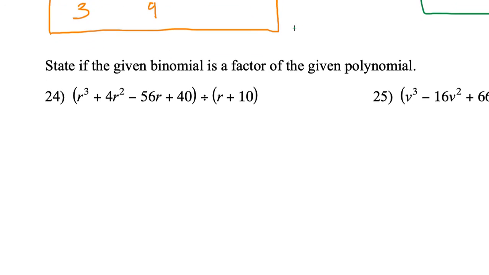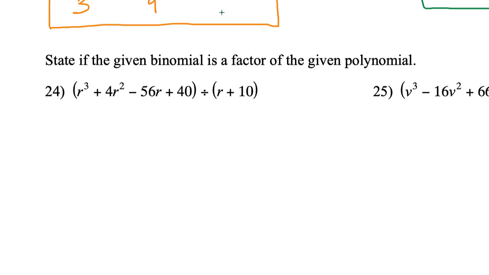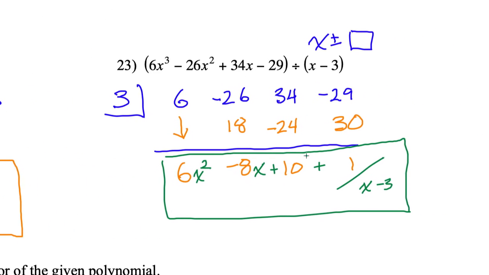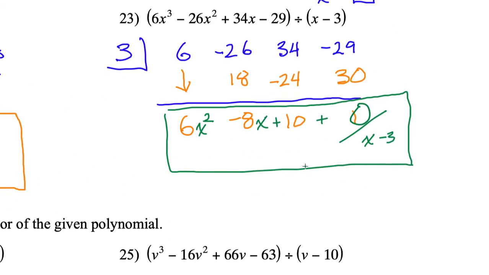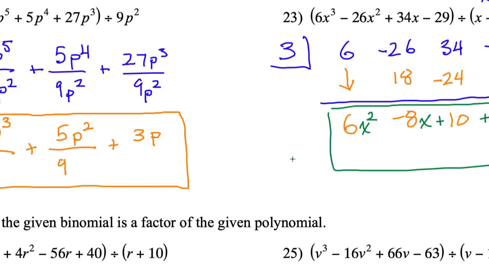We have number 24. We need to state if this binomial is a factor of this polynomial for each of these problems. The way that I'm going to do that, again, is using synthetic division. If this number over here was 0, then we can say, yes, it is a factor.